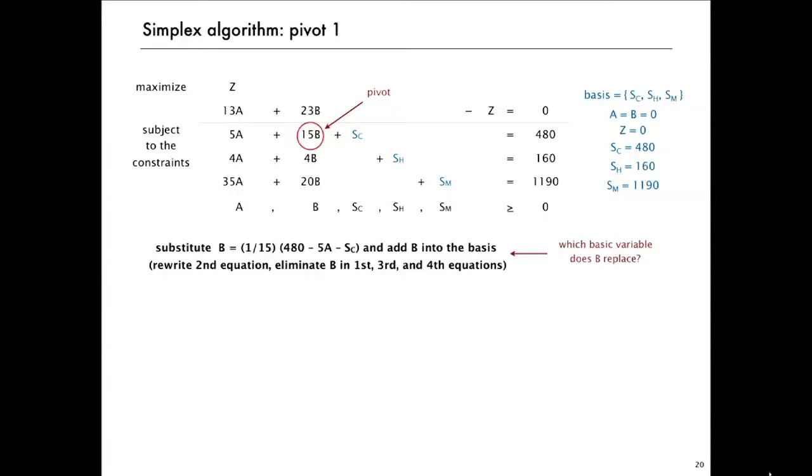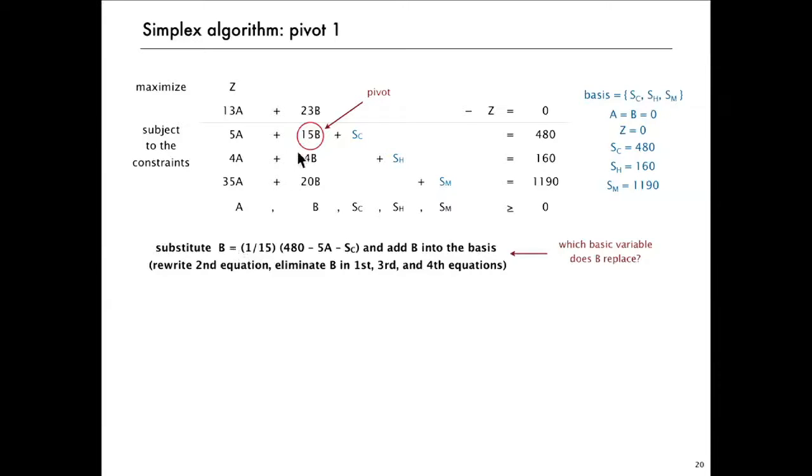We're going to perform an operation called a pivot. And we'll talk about how to choose the pivot in a minute. So right now, let's say we're going to choose to pivot on this entry right here. What that means is, just as you do in Gaussian elimination, you're going to pick this element, solve for that variable, and then substitute that solution into all the other equations so that these entries become 0.